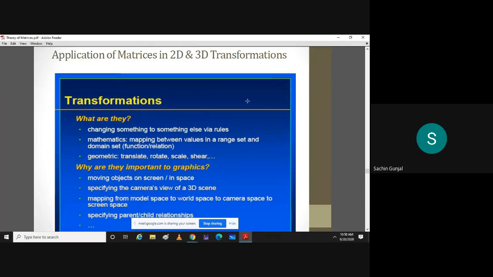Changing something to something using some rules. In mathematics, that rule can be a function or a relation or a matrix transformation. And geometrically, they can be translation, rotation, scaling, shear, and so on.